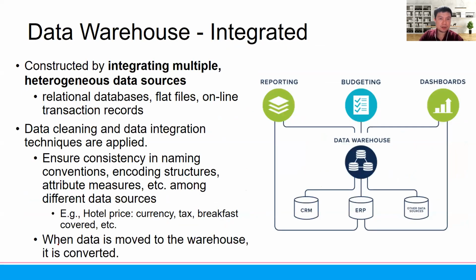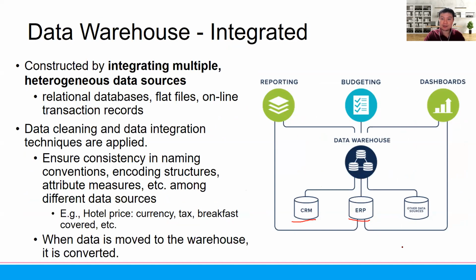The other characteristic is integrated. What is integrated? Integrated means it is dealing with multiple sources, like CRM. CRM is the customer relationship management. ERP. What is ERP? I think one of the courses in our department is named ERP, Enterprise Resource Planning.